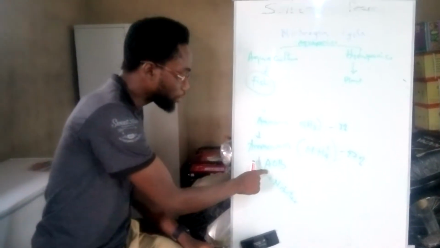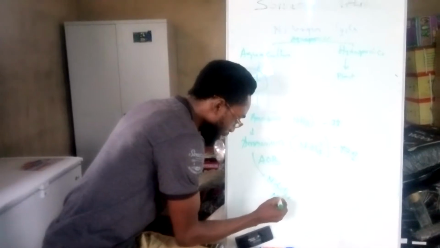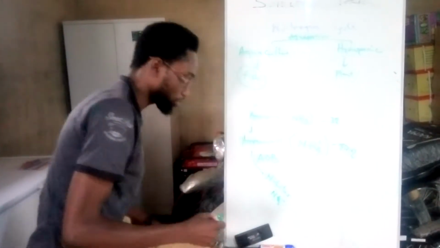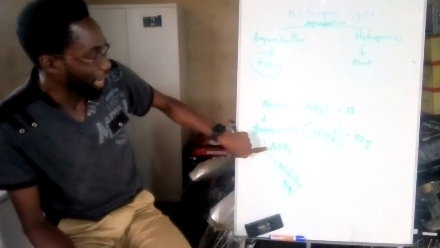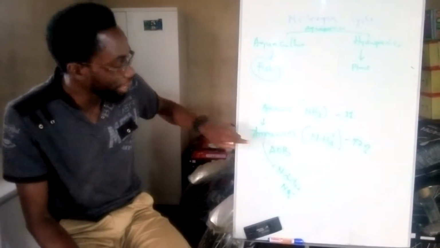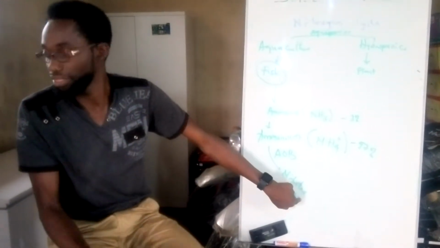So once the ammonium oxidizing bacteria comes into play, we get NO2 minus, for those of us who like to write and know what each one means. So the ammonium oxidizing bacteria converts ammonium to the nitrites.